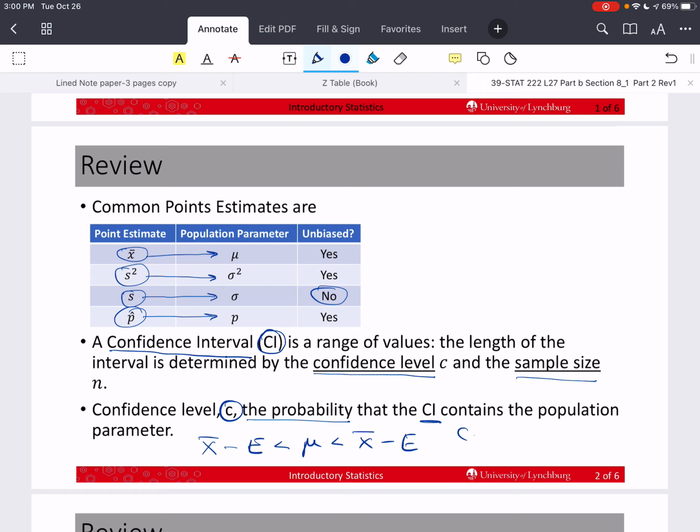So if C is equal to 95%, then 95% of the confidence intervals that we calculate using that sample size will actually contain mu in this case, since we're estimating mu. But that would mean that 5% do not contain mu. So anytime we calculate a confidence interval, we don't actually know if it contains the true mean of the population.